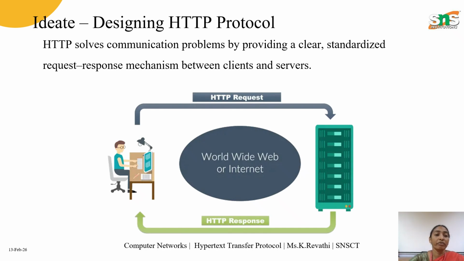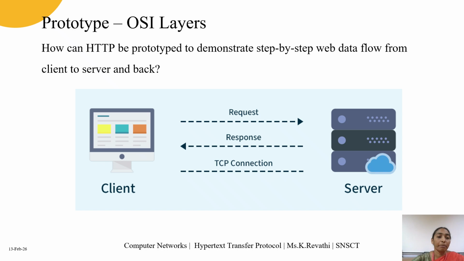The next phase of design thinking is prototyping. When you type your URL, you just take Google or any searching platform or search engine. HTTP creates the request, the transport layer carries it.